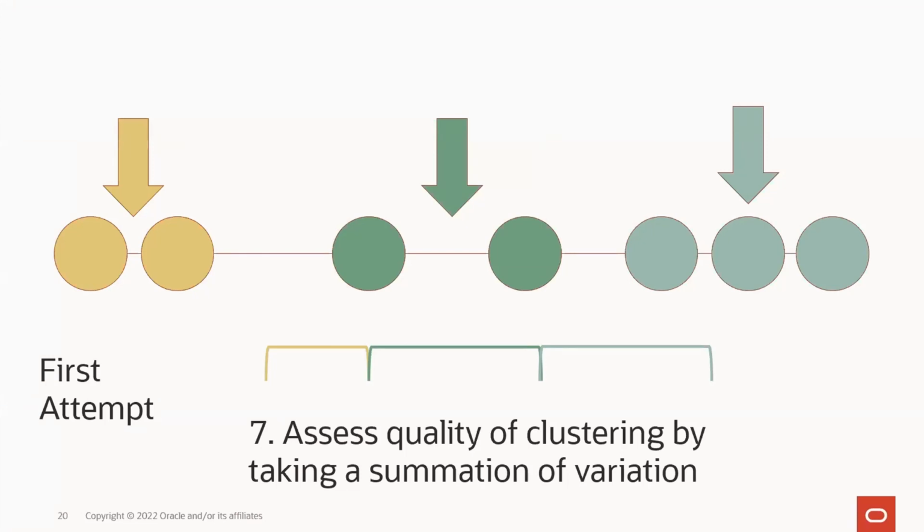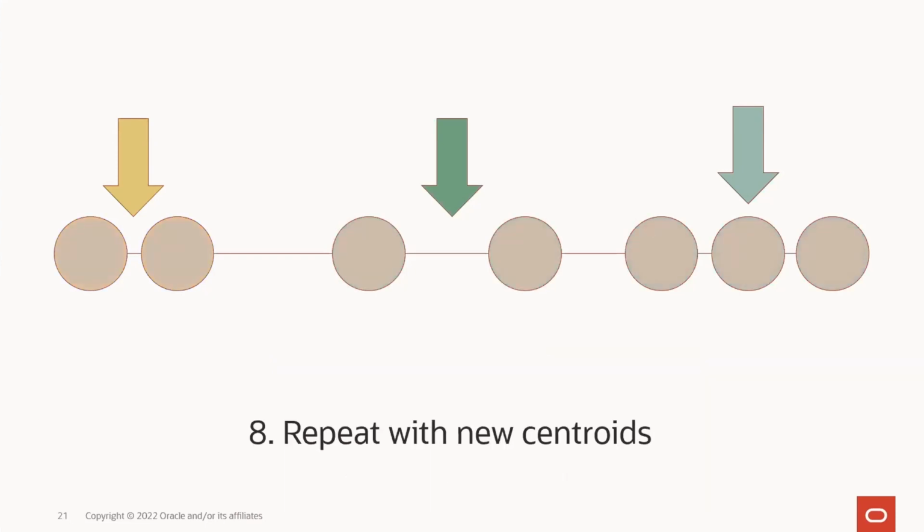K-means is an iterative process. So if we use the new centroids that we averaged from the previous cluster and assign points, we can measure and compare the variation summation. We can see the centroids don't actually move much if we grab new ones; that's the kind of limitation in this simplified version.